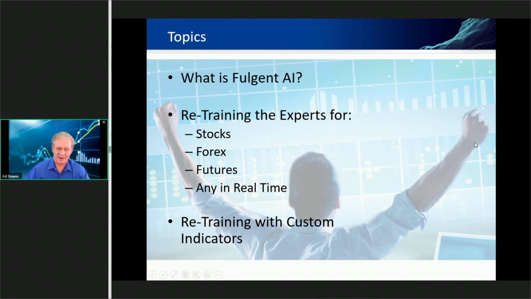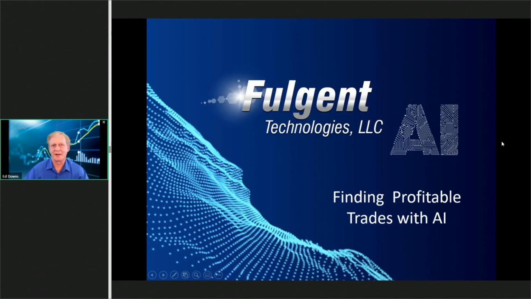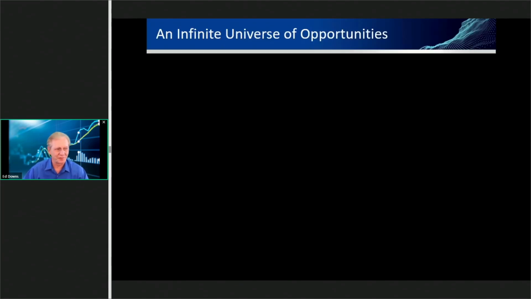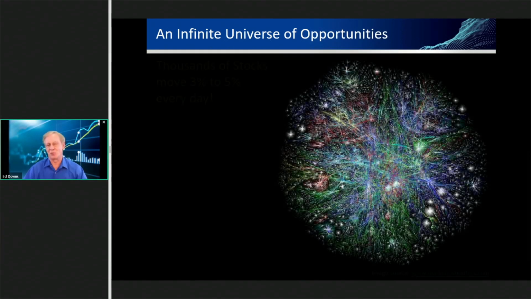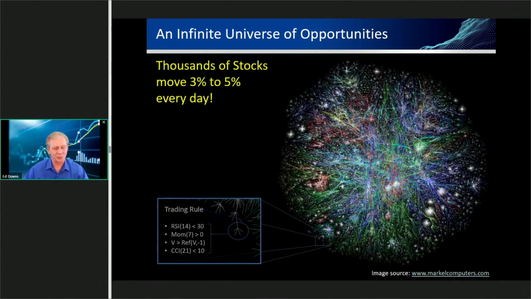So let's go ahead and dive in here and look at the AI itself. The point that I always make about 5 or 10 minutes into my spiel on what AI is that there are gazillions of opportunities out there and ways to look at the market, different indicators working together.